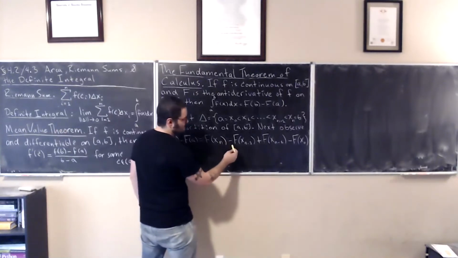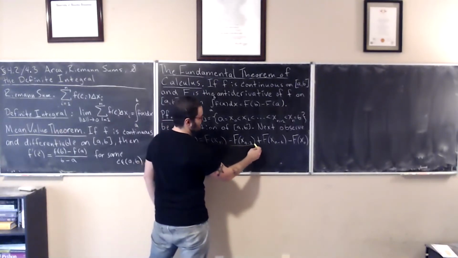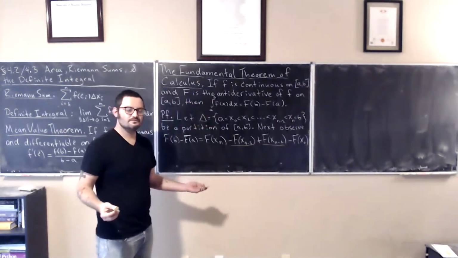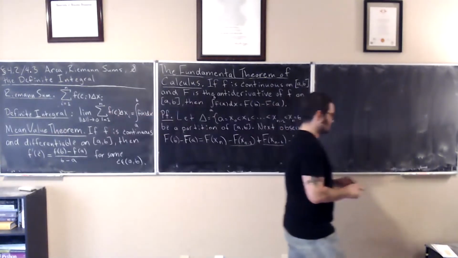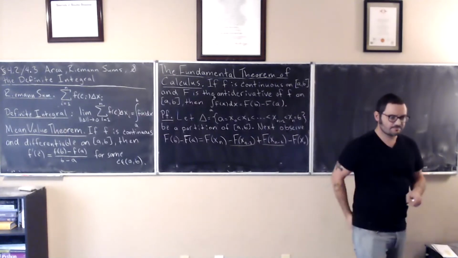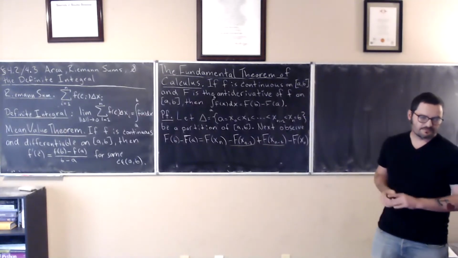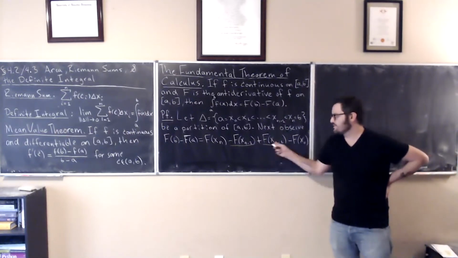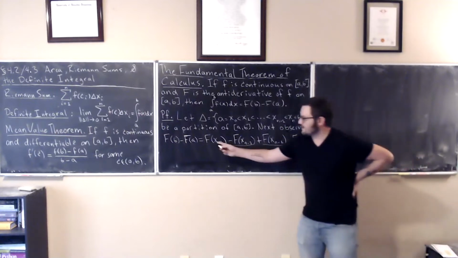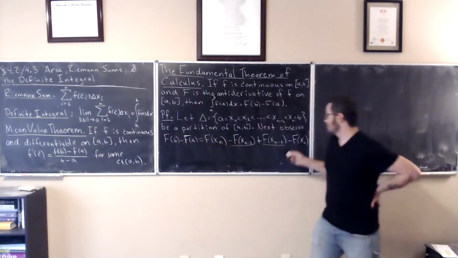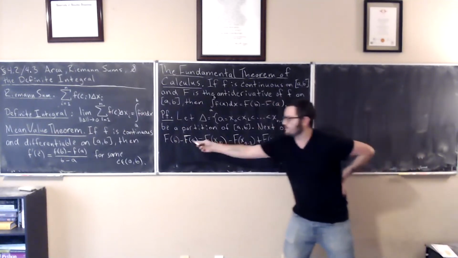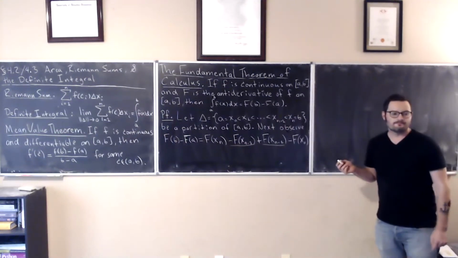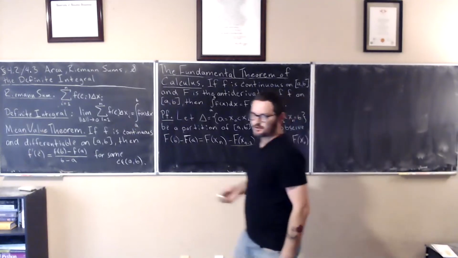In particular, what is the value of this plus this? What does that equal? Isn't that just 0? They're the same thing, right? And then F(xn), that's F(b). F(x0), that's F(a), so that's the same thing, right? Do you agree? So it's just a little trick, right?